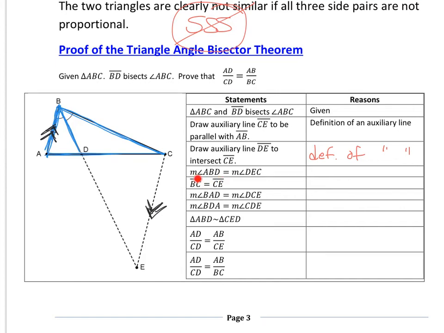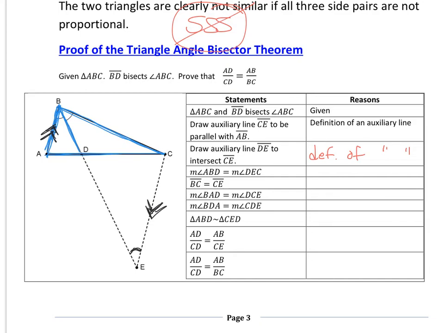Now, angle ABD, this angle, is congruent to DEC. So angle ABD is drawn with a single arc, and we're saying that it's congruent to DEC. Why is that?